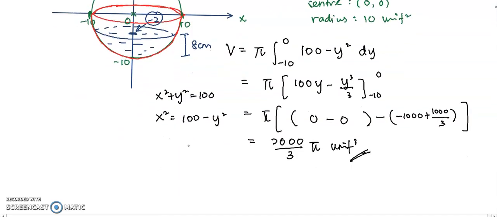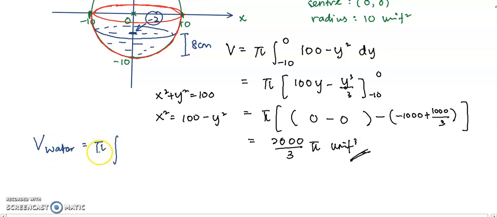So we integrate to get the volume of the water, using the same formula. Multiply by pi and integrate from -10 to -2, because the water follows the shape of this circle. We integrate the same function as the first part, that is 100 - y^2, with respect to y.